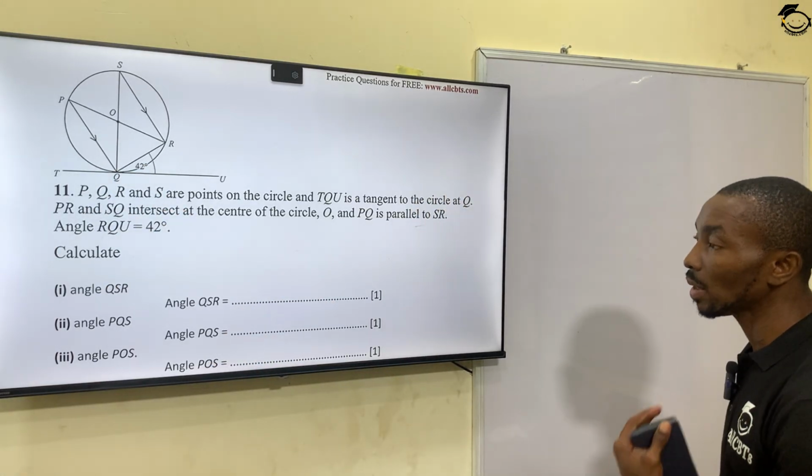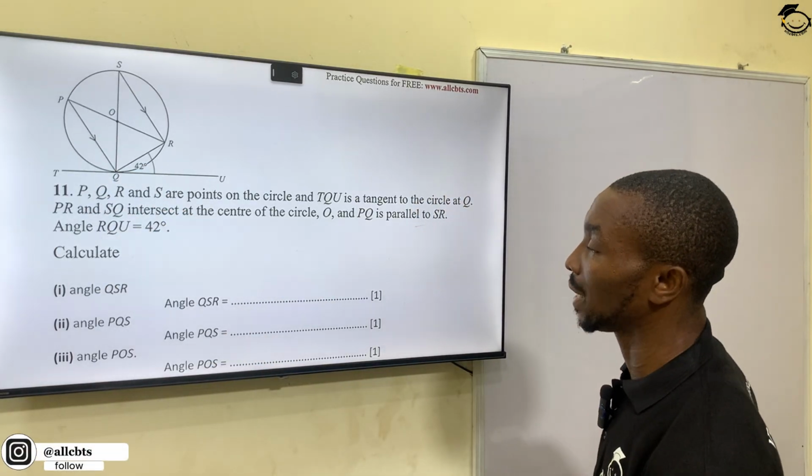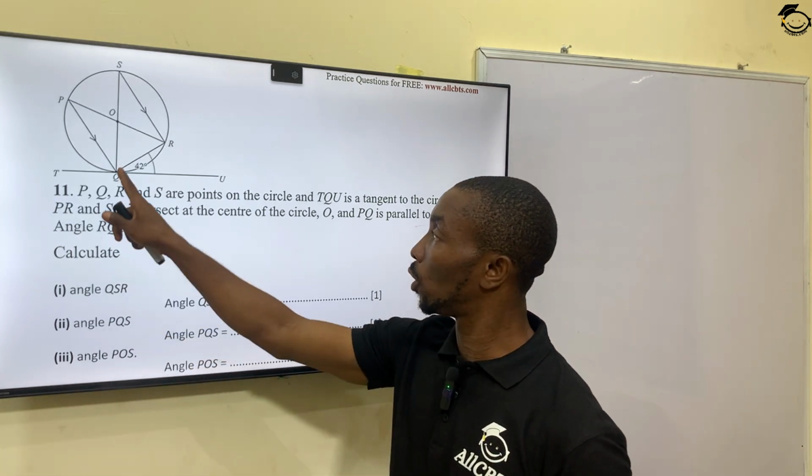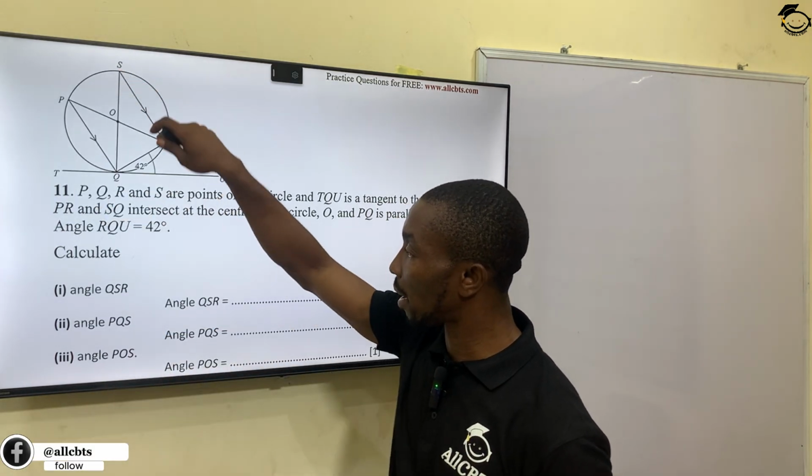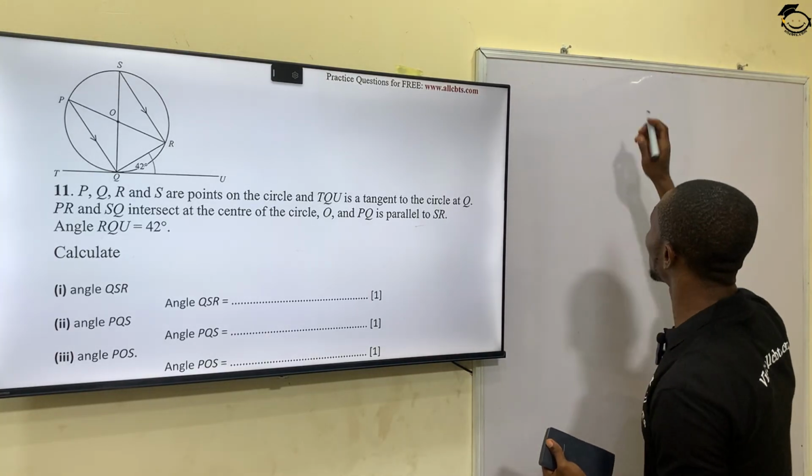All right, let's take it one at a time. First of all, looking for angle QSR. All right, now we have a circle this way.